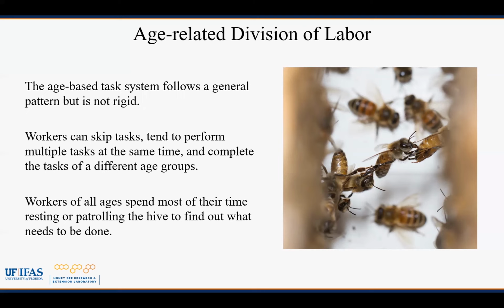One of the things that was fascinating to me is that, leading up to writing this particular article on honeybee tasks, I believed that every worker honeybee performed every worker task throughout her adult life, and that those tasks were incredibly rigid. She progressed from one to the next in a very rigid and predictable fashion. And what I discovered when I was doing research for that article, and now that's turned into this presentation, is that that is not the case.